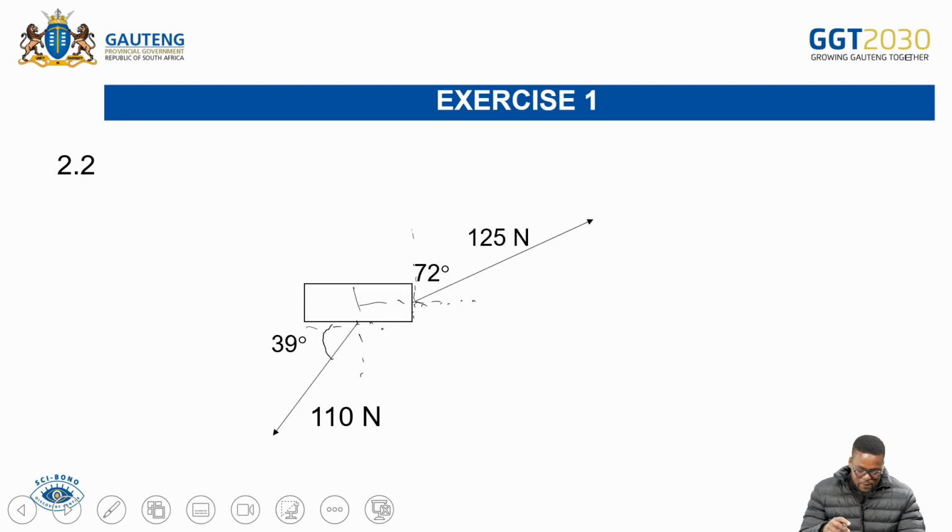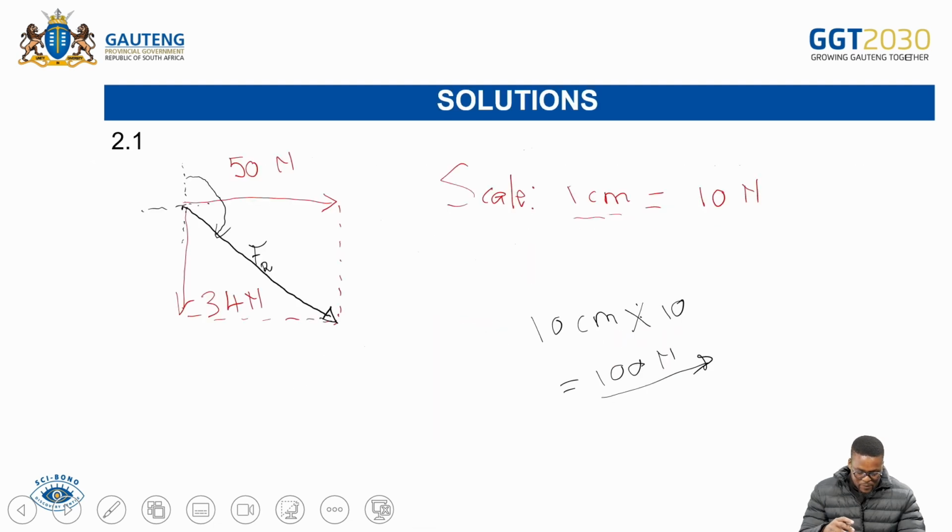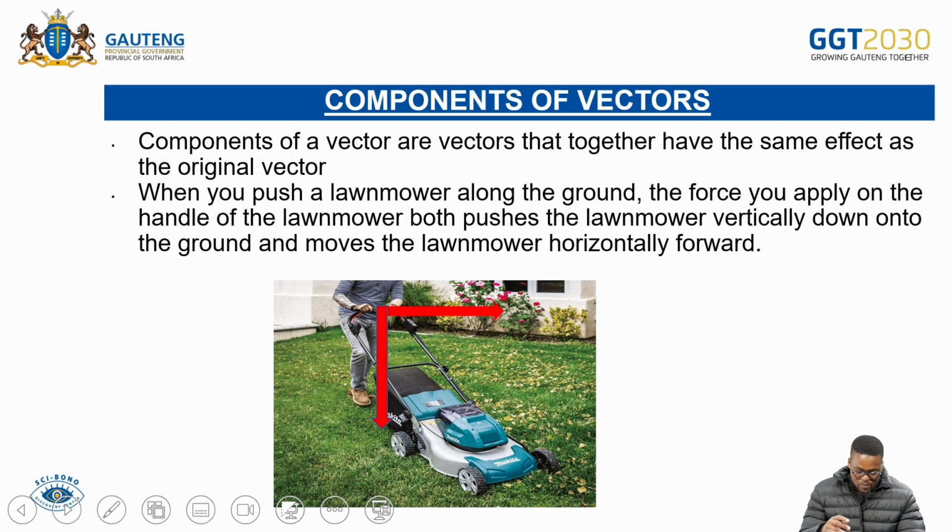Now let's move on to components of vectors, right? So components of vectors, remember a force. Let's say you've got a vector which is given at an angle with the horizontal.